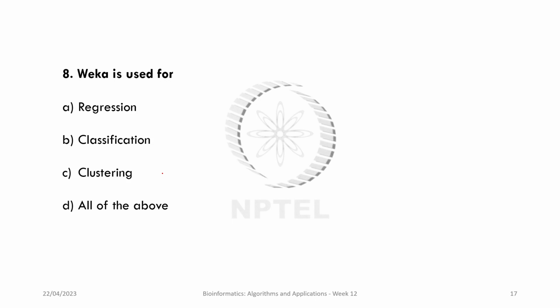Three votes for B. Great. Thank you, Karishma. So that's right. And Devangana. Great. I think this is the maximum response we have received. So Weka is used, yes, for regression and classification, also clustering. All of the above is the right answer.